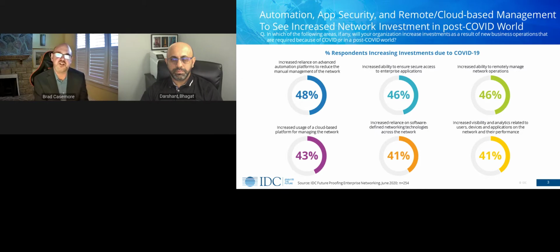And that's automation in terms of networking, in terms of network security, in terms of a lot of other things. And of course, multi-cloud is driving all of these changes. They're also looking at an increased ability to ensure that users have secure access to these applications across this distributed environment. And they're thinking about this in a very holistic and comprehensive fashion in terms of the protection you need across this multi-cloud landscape.